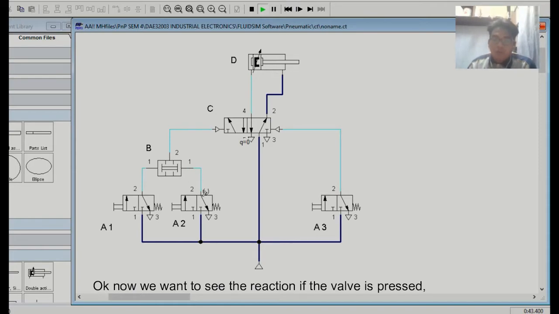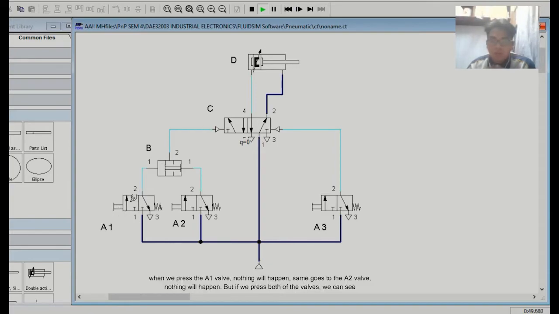Now we want to see the reaction when the valves are pressed. When we press the A1 valve, nothing will happen. The same goes for the A2 valve.